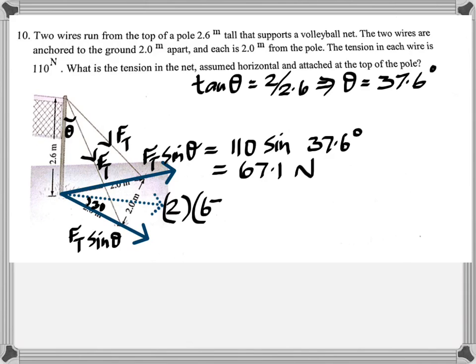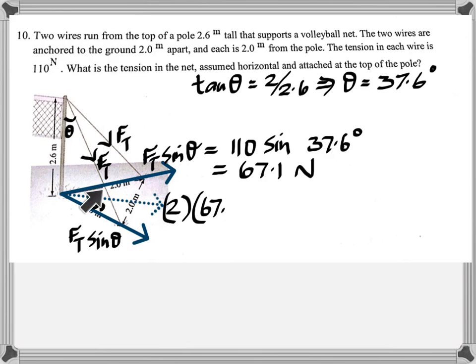And then remember that force, which we just calculated as 67.1, can again be resolved into two components. So one would be this, which is 67.1 cos 30 degrees, because it's an equilateral triangle here.